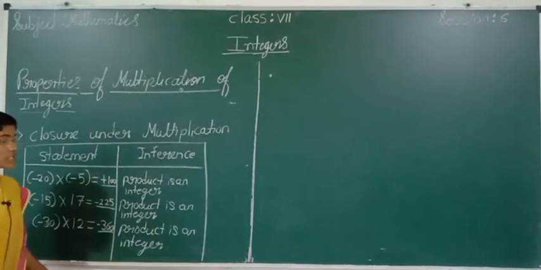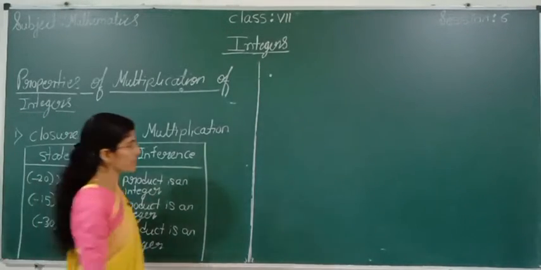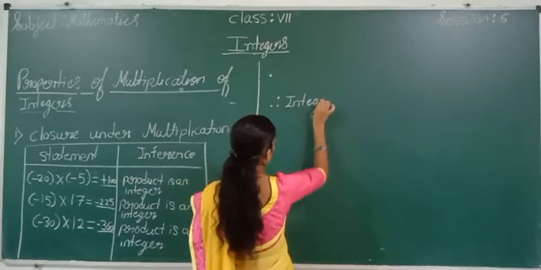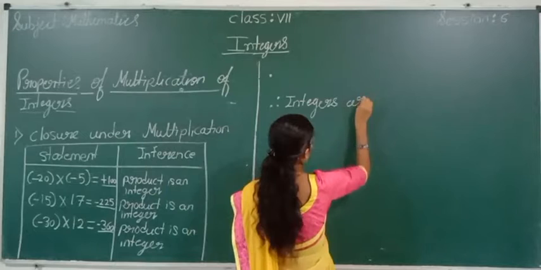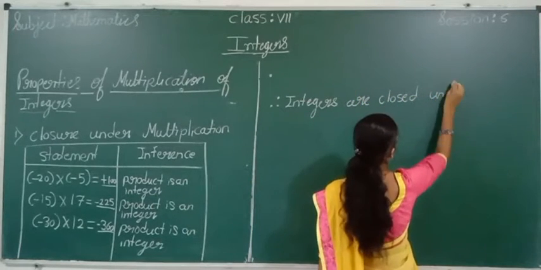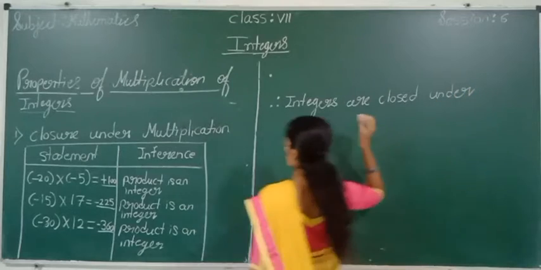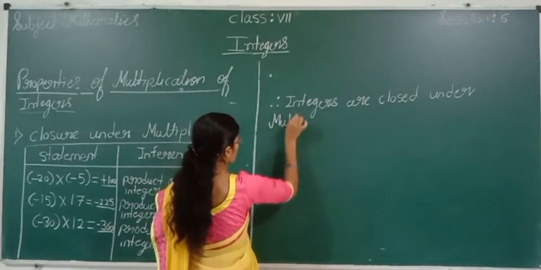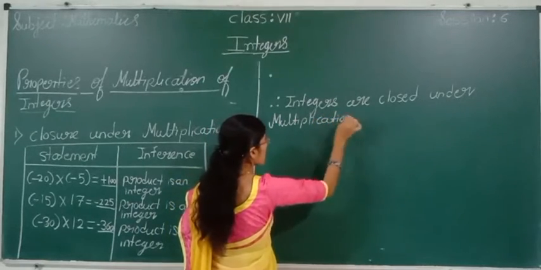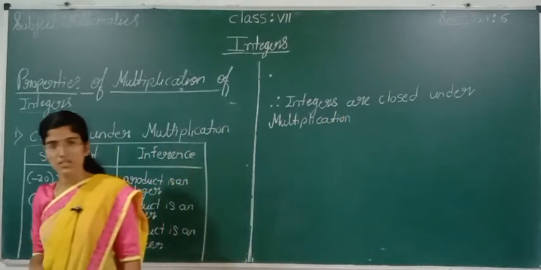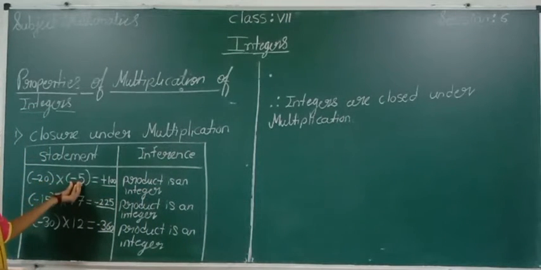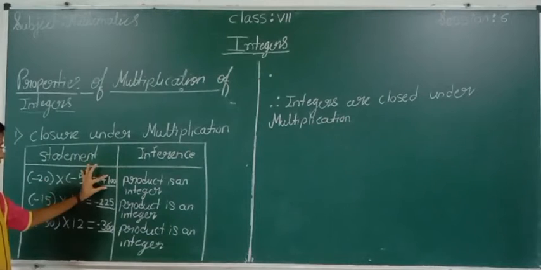Therefore, integers are closed under multiplication. Yes or no? If you multiply two integers, the answer will be again an integer only. See our examples. Minus 20 into minus 5 is plus 100. Plus 100 is an integer.